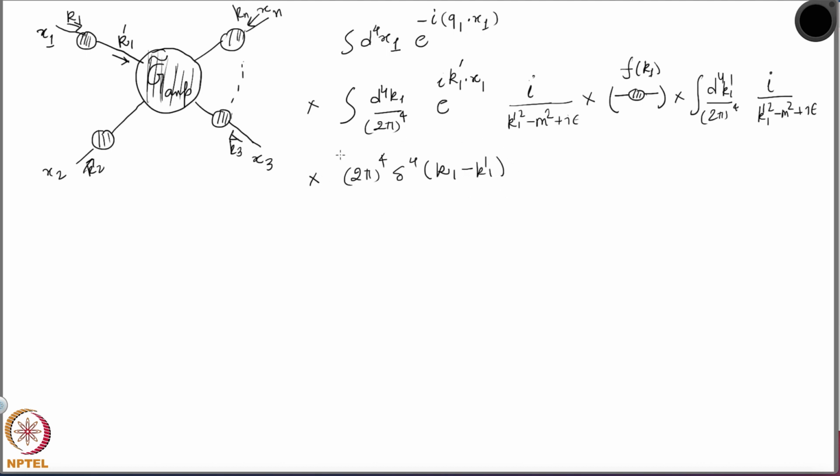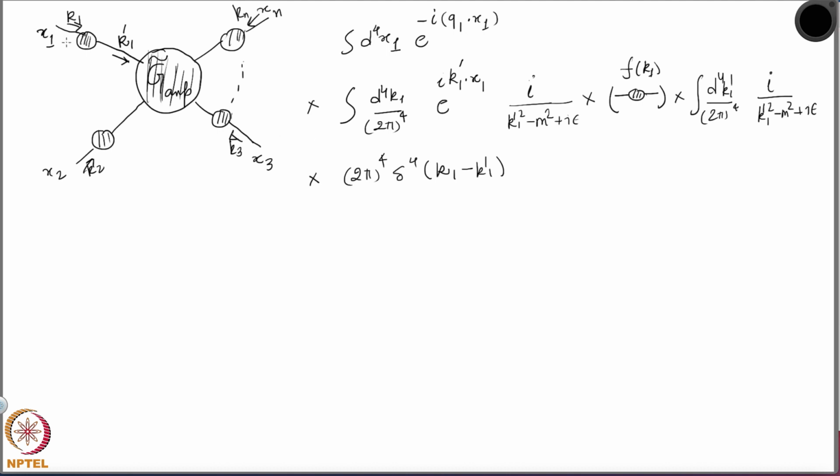Why do you get this? You get this because of momentum conservation at each vertex. That momentum conservation will ensure that k1 is equal to k1 prime, and that's why you get this factor when you write down the expression.